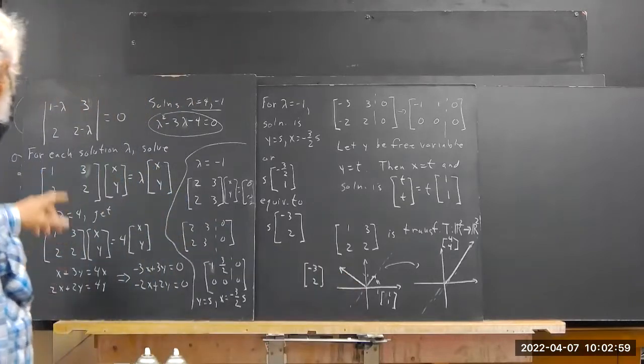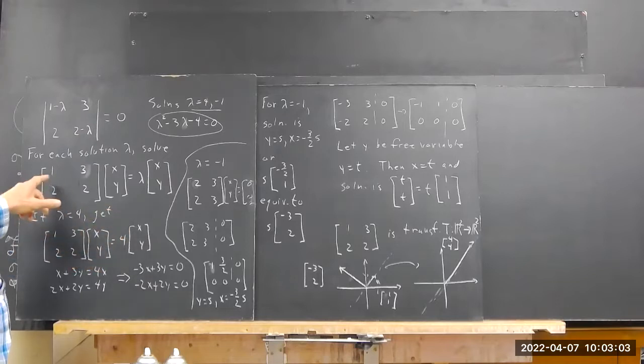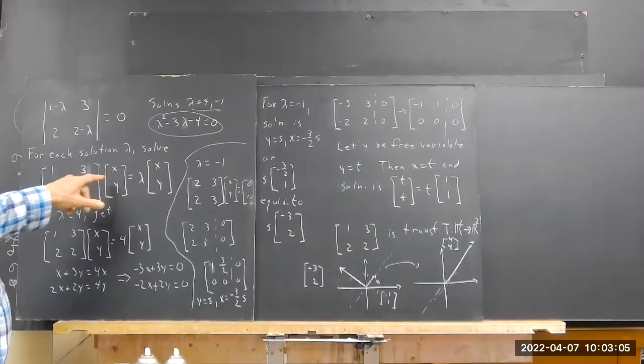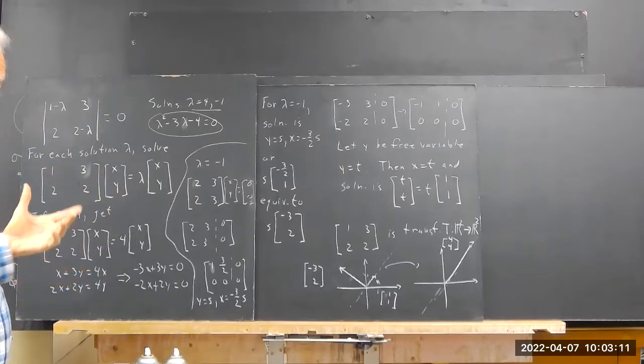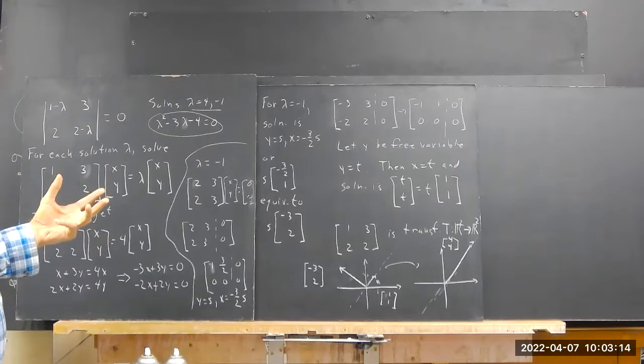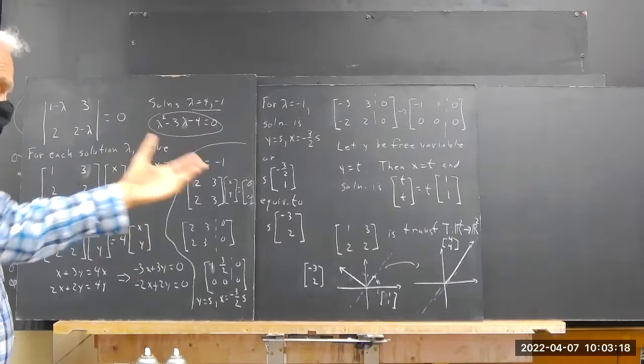Well, if I multiply this matrix by negative 3, 2, I get 1 times negative 3, which is negative 3, and 3 times 2, which is 6, which gives me 3. Okay? And multiply it, and you can do it yourself.